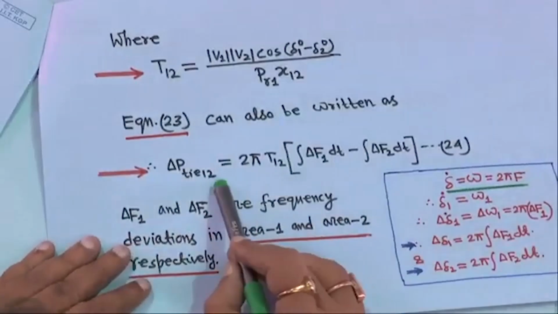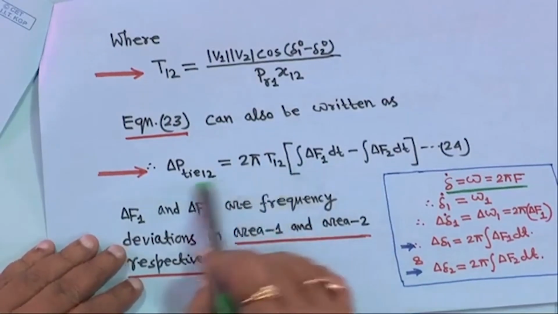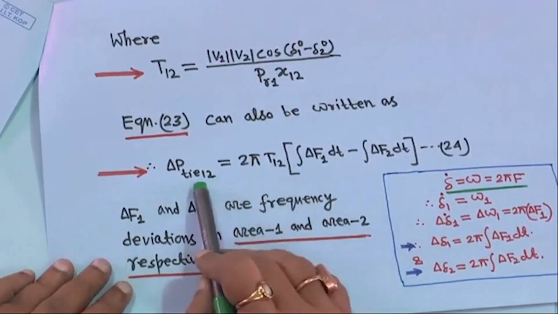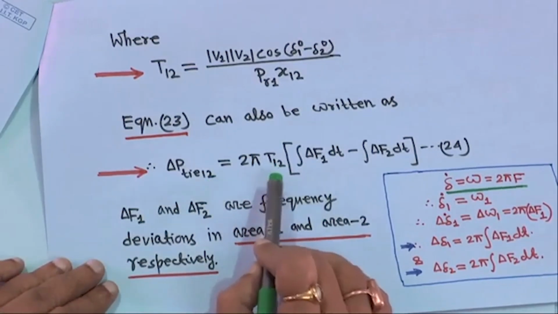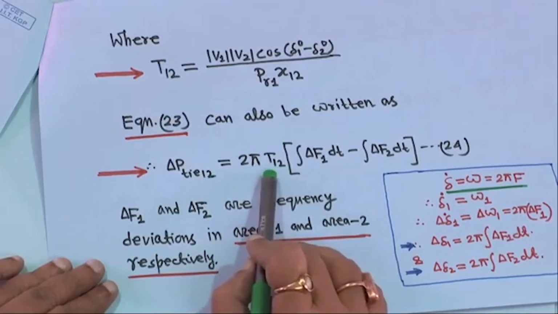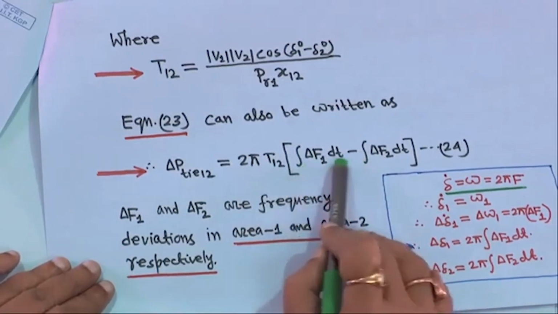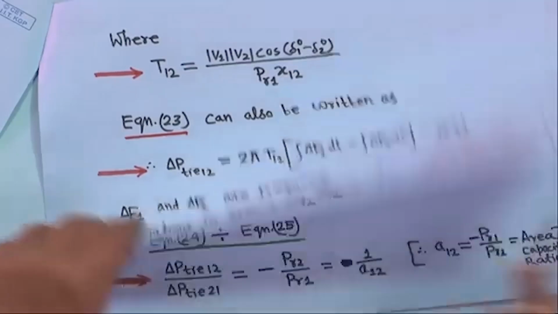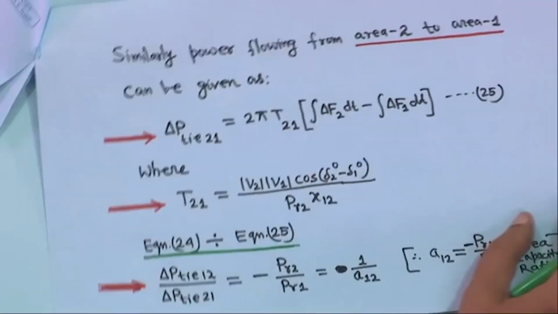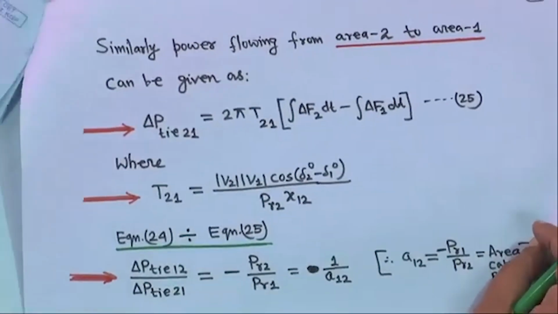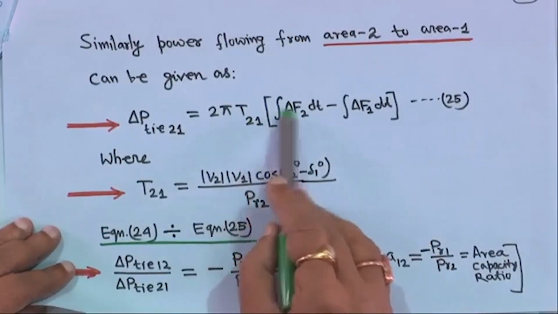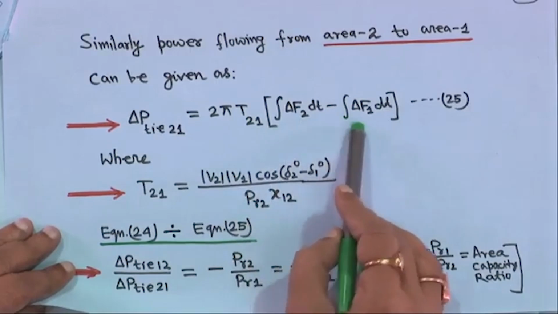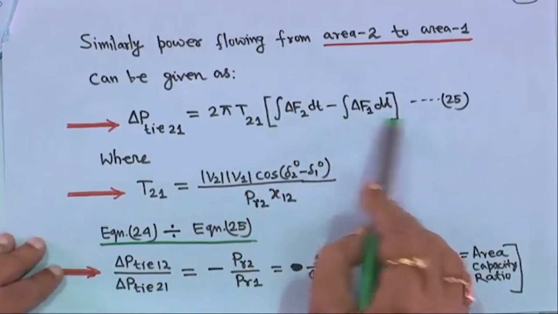In this case it is 12, and here we just interchange those suffixes. So, it is just opposite to that. Therefore, delta P_tie21 is equal to 2 pi T21 times (integral of del f2 dt minus integral of del f1 dt).